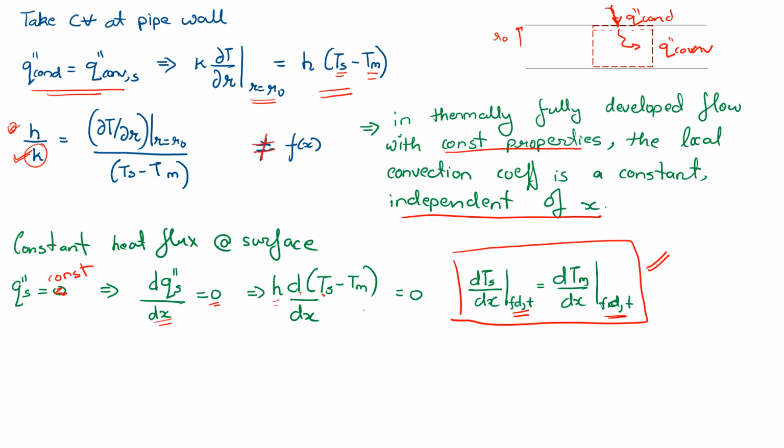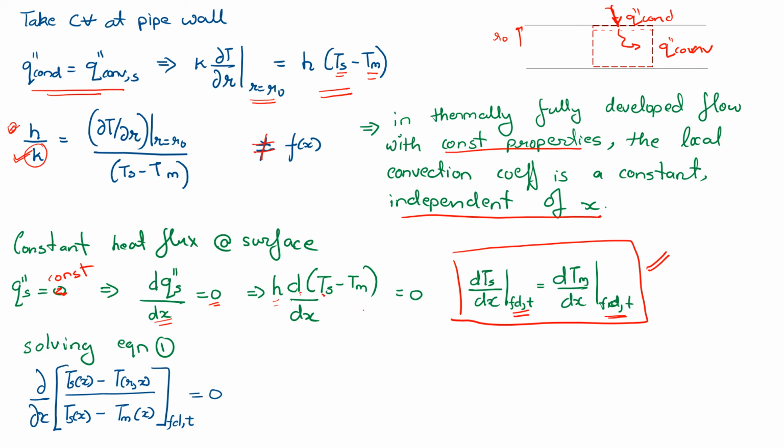So now let's take the equation that we had in our previous slide, which we had solved for the fully developed flow, and substitute these values in that equation.